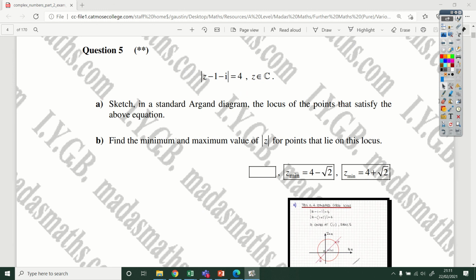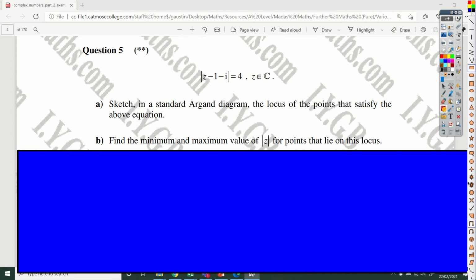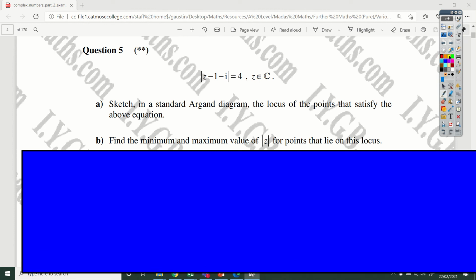Okay, so we want to sketch the locus of points that satisfy mod of z minus 1 minus i equals 4. And then we want the minimum and maximum value of mod z for points on that locus. Okay, let's cover over. I don't want to cheat quite that much. Right, let's see what we've got here.